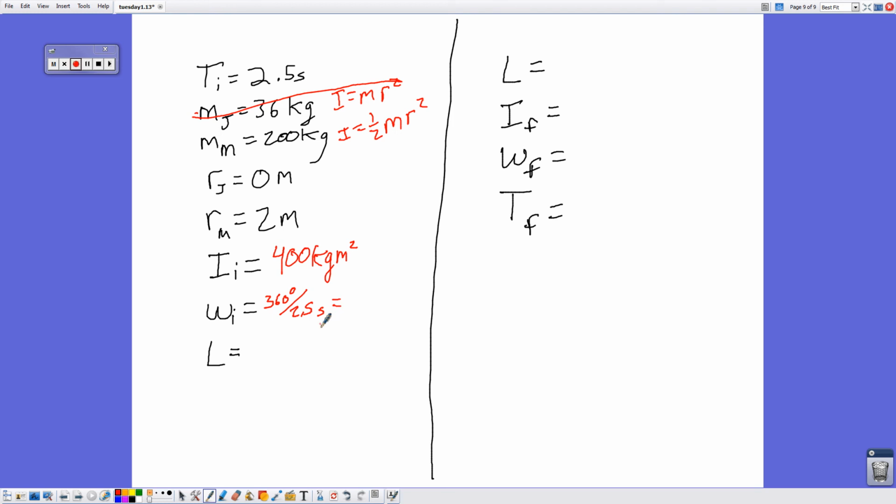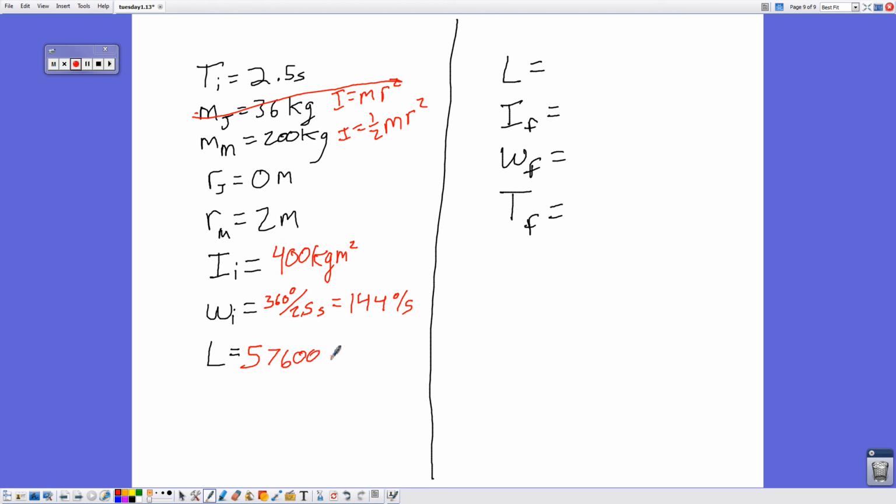That gives me, math time go, 144 degrees per second, which gives me an angular momentum of 57600.